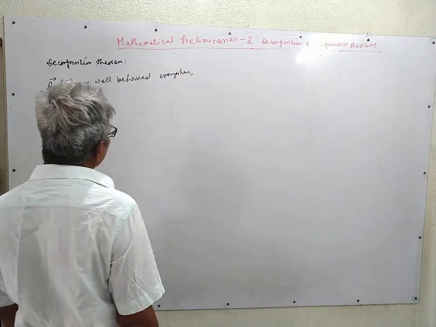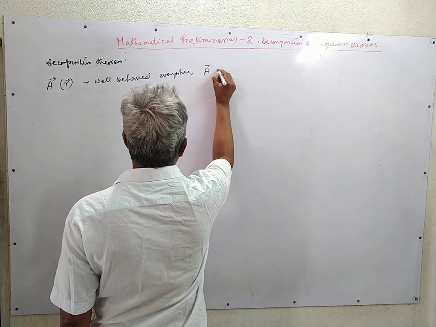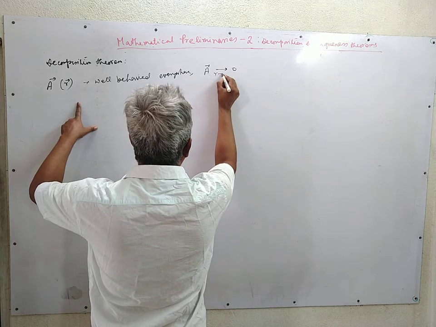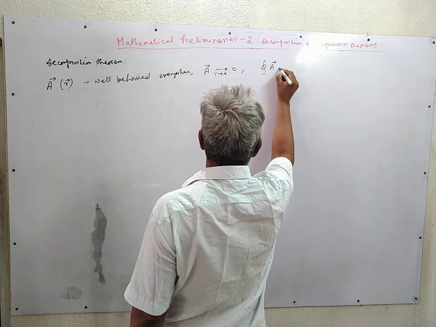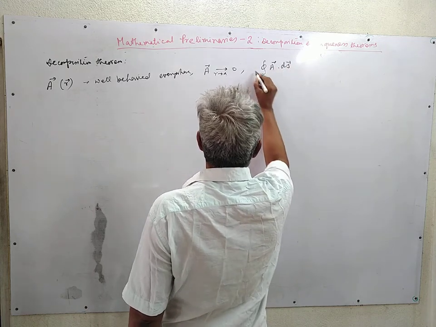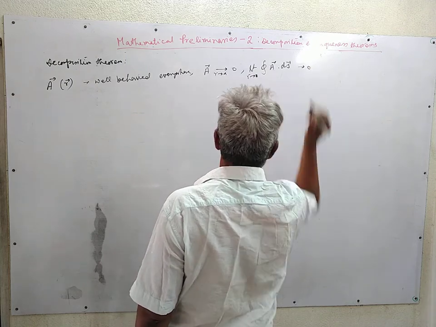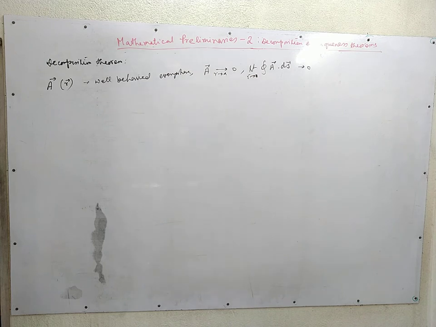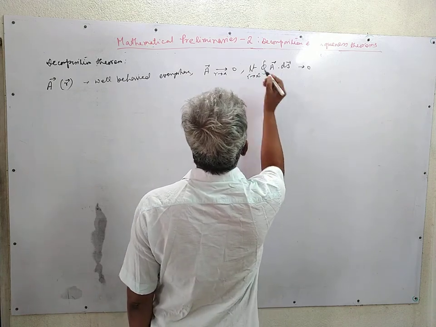Furthermore, A together with its surface integral of A dot ds goes to 0 as r tends to infinity, that is, in the asymptotic region.